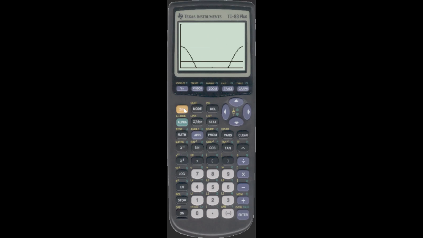So you go to second calc, which is under trace, and then you go to intersect, and it says first curve. You can choose whichever curve you want. Actually, my window is no good here. Let me change my window because you can't see enough of it. Sorry about that. We couldn't see where we were.